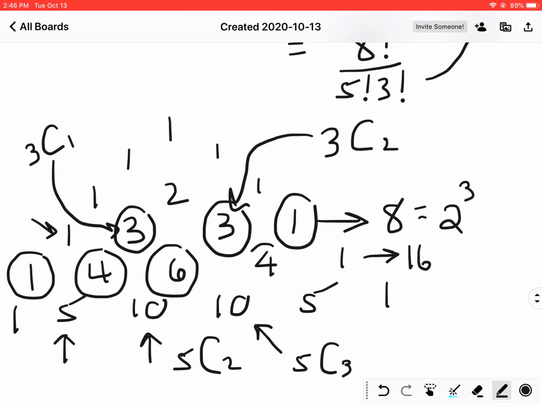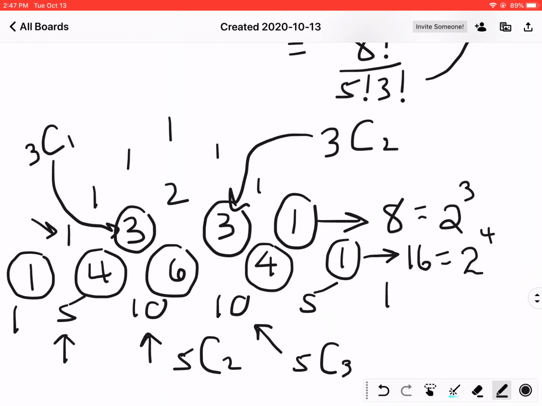Choosing 3, same as leaving 1. So there's 4 ways to leave 1 out of 4. And there's 1 way to take the whole set of 4. Each element in the set is either in or it's out. 2 choices. There are 4 of them, so I have to choose yes or no 4 times.